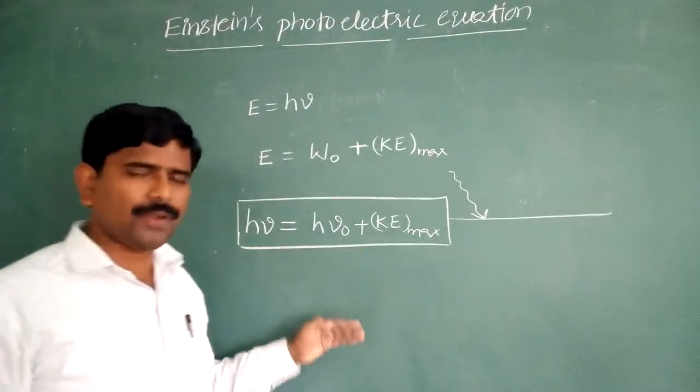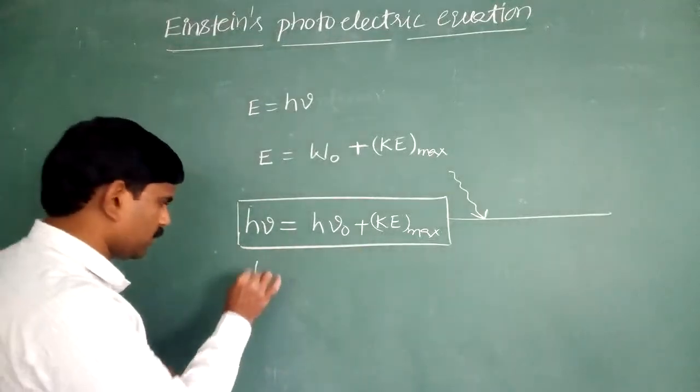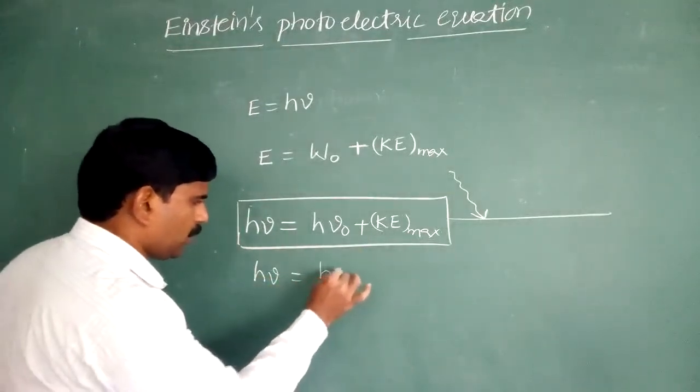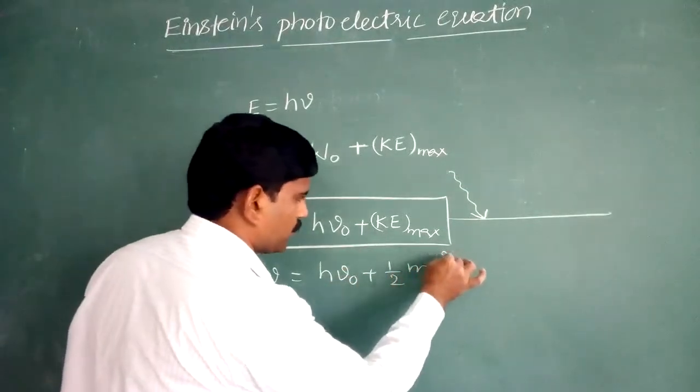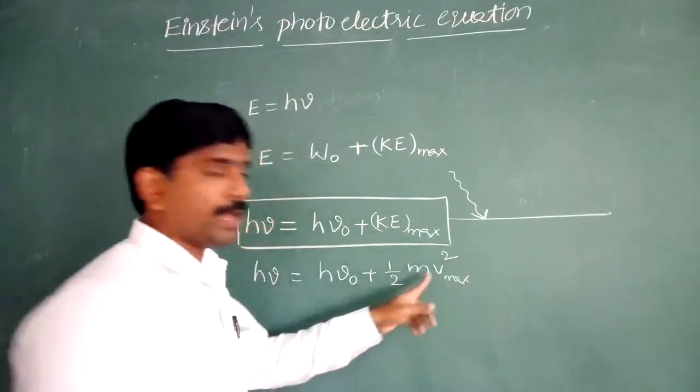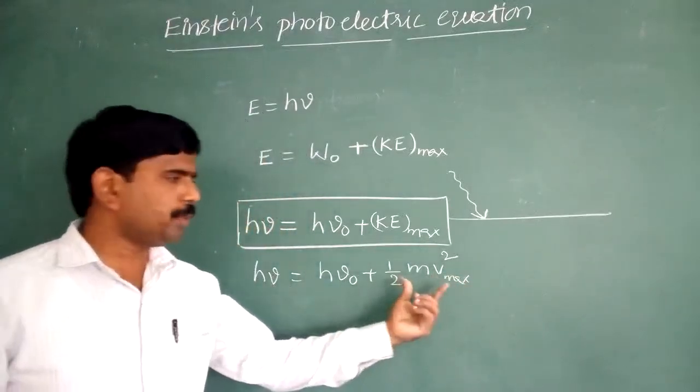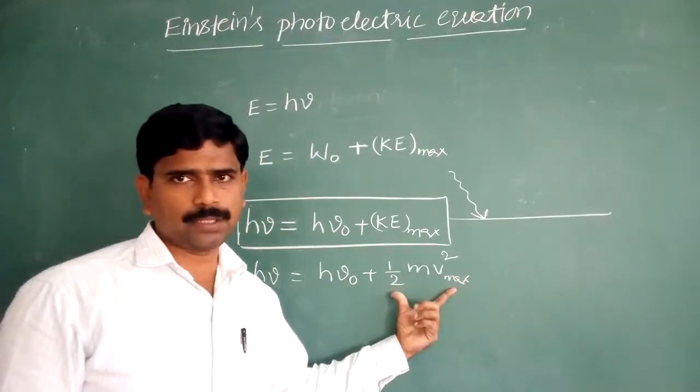There are different forms of this equation also. We are discussing those too. h nu equals h nu naught plus half m v squared, where v is the maximum velocity, so this is the maximum kinetic energy.